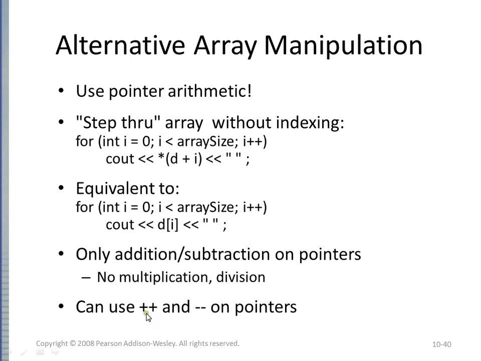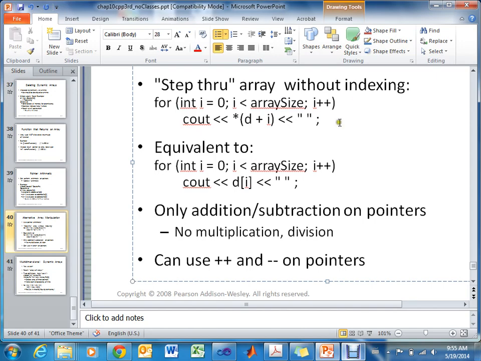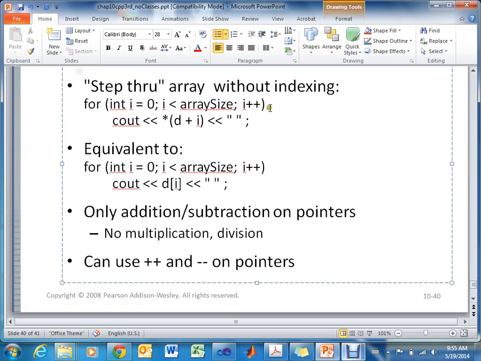But now, had we used plus plus and minus minus, it would have been a different story, because we can write this code using this approach. So next to it, I'm going to write cout. I'm going to dereference D. Is this correct?